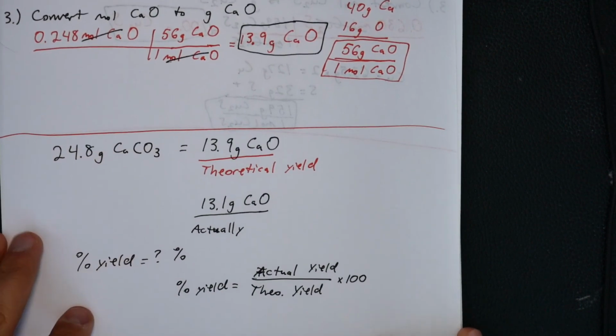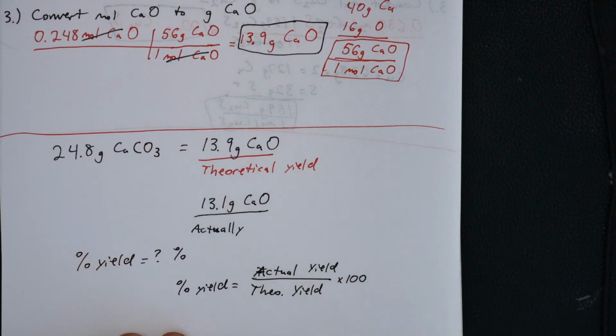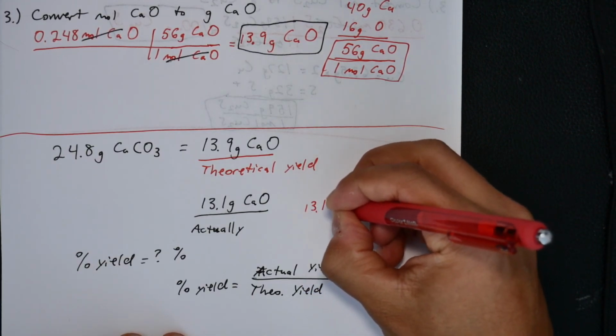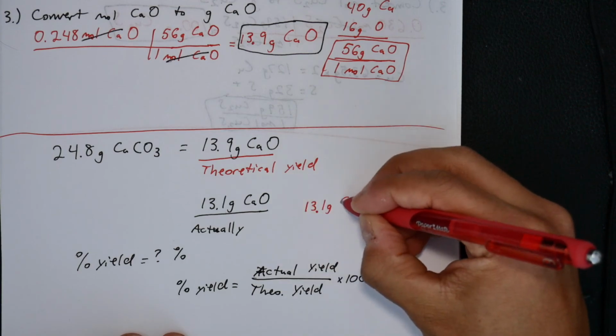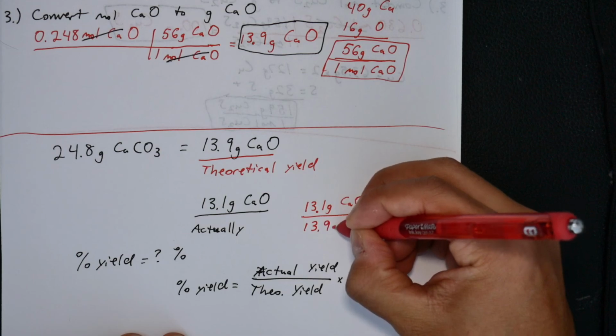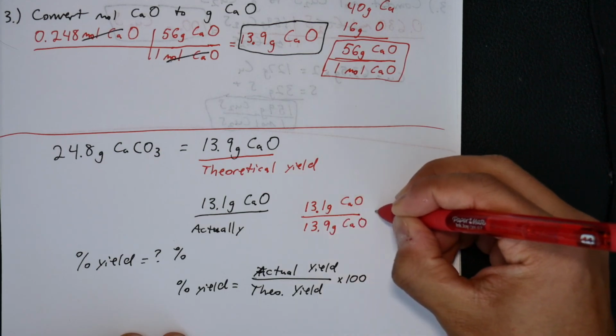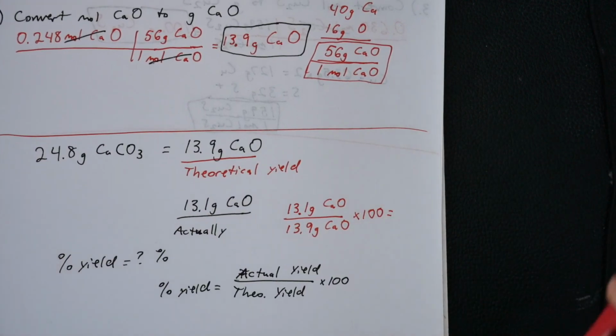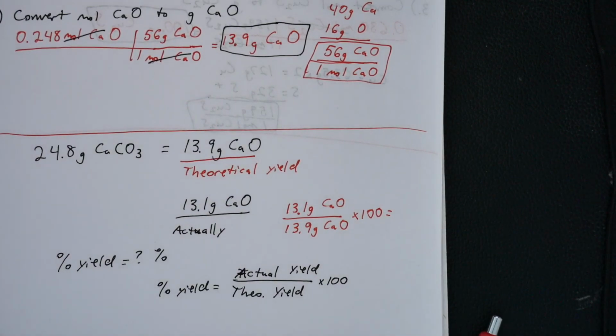Okay, so all we're going to do is we are going to take 13.1 grams of calcium oxide, divide by 13.9 grams of calcium oxide, and times 100 to get a percentage. And again, in like the best scenario, we would want this to be 100%. But realistically, it will never be 100%. Okay, but you want to get as close as you can.